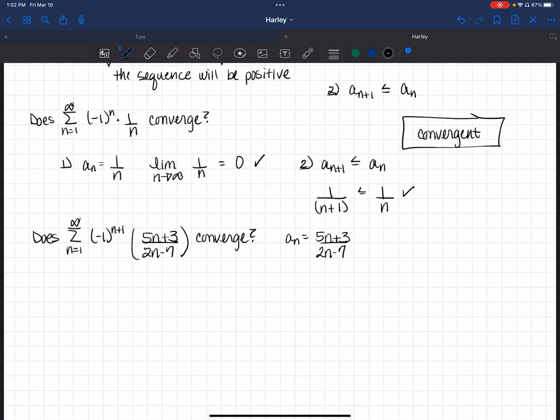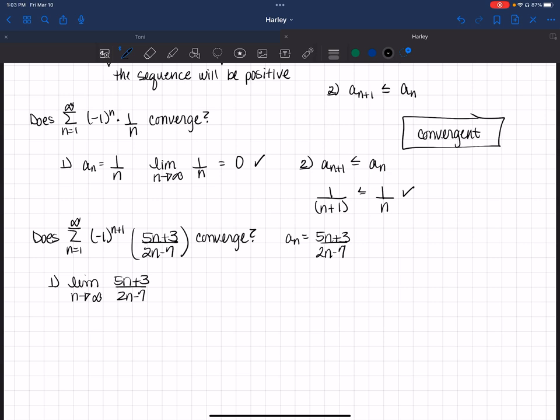Okay, so let's look at our tests. Number 1, I'm going to take the limit as n approaches infinity of (5n+3) over (2n-7). I'm actually going to use L'Hopital's rule here. You guys have probably talked about L'Hopital's. If not, let me know and we can talk about it a little more.